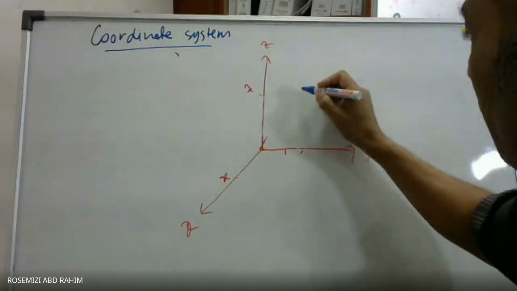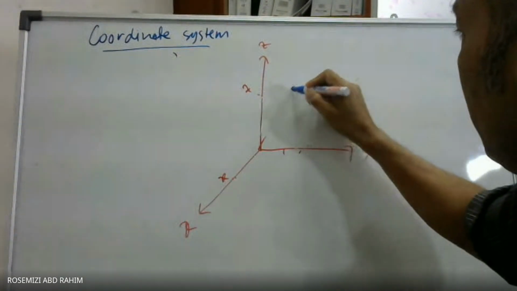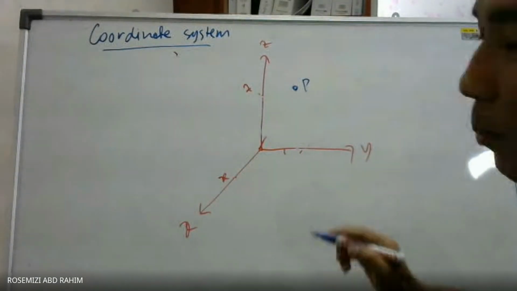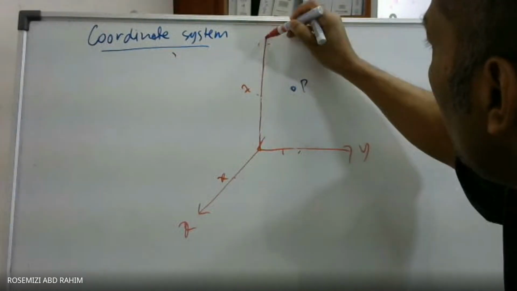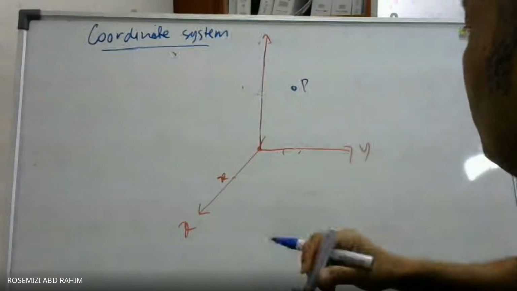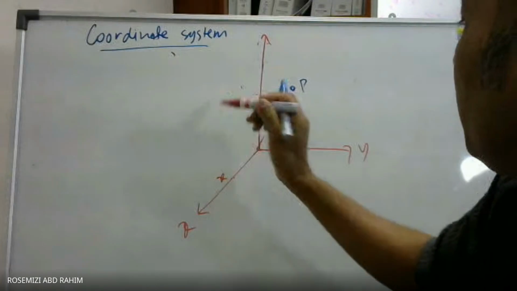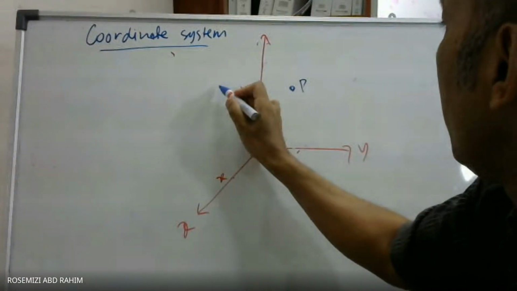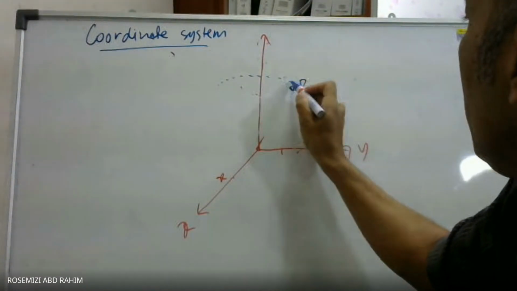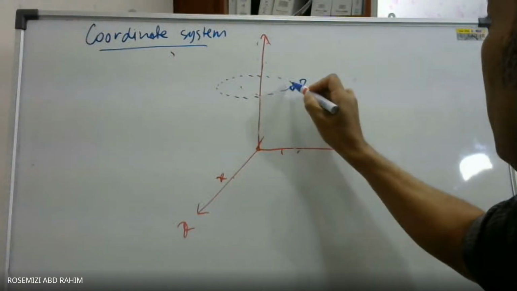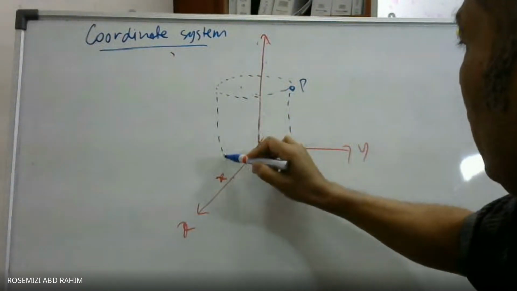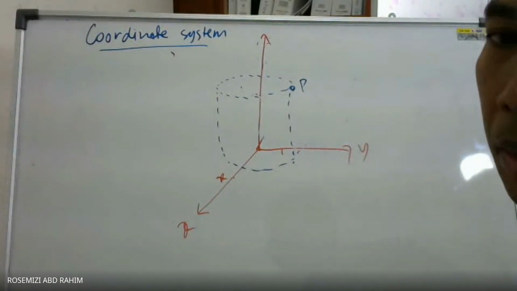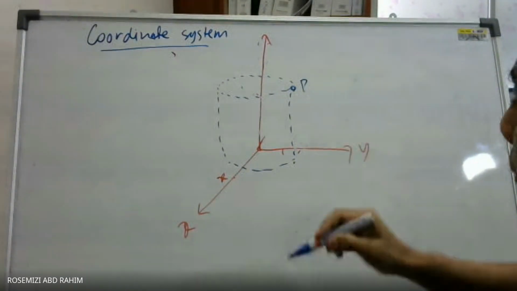Okay, this is point P. So by using cylindrical coordinate system, we draw a cylinder here. This one is the cylinder. Okay, we draw a cylinder.